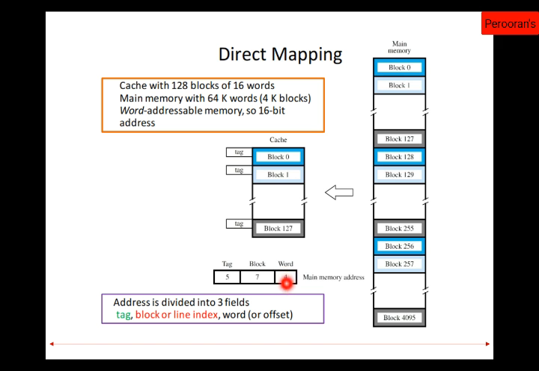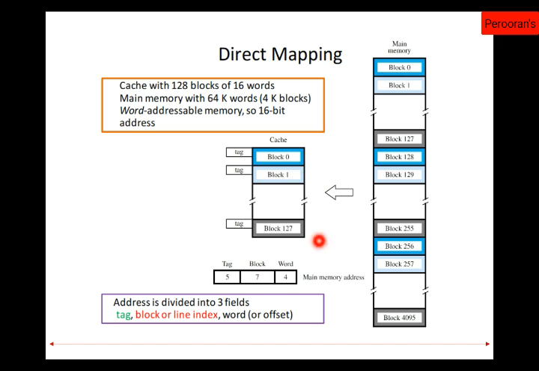And when a new block enters into the cache memory, the 7-bit cache block field determines the cache position. So when you are bringing a block from the main memory into the cache memory, these 7 bits in the address part represent to which cache block the main memory block has to be placed.